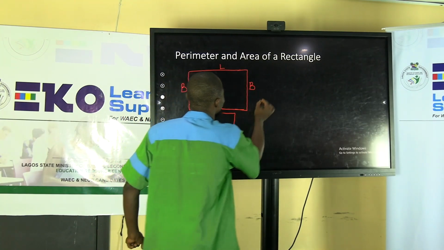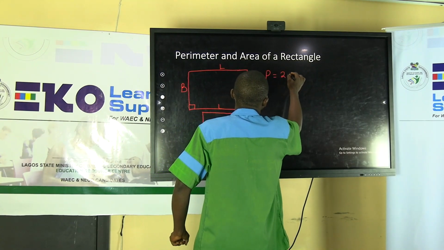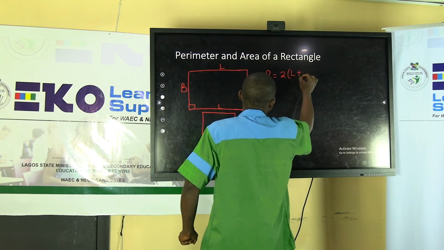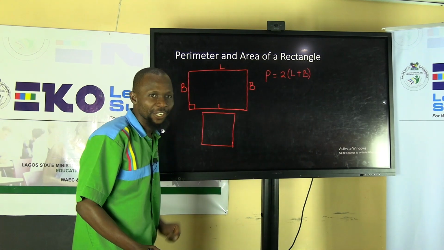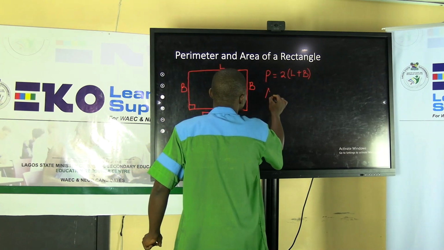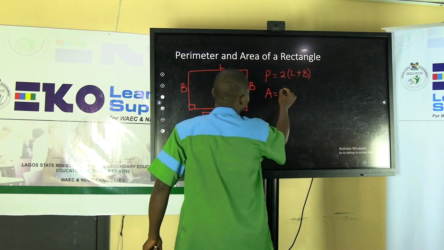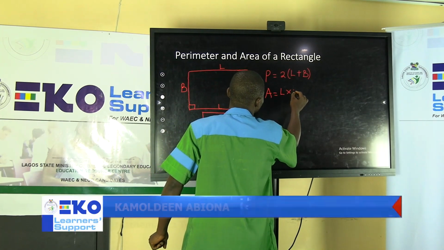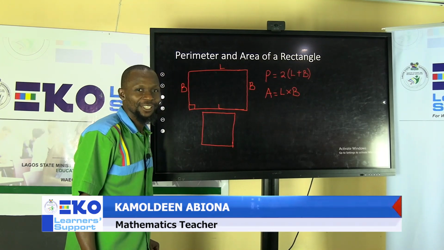So from that, our perimeter is the total length, which we later have what? 2 into bracket length plus breadth by the time you add everything together. And for the area, it is just what? Length times breadth. Length times breadth.